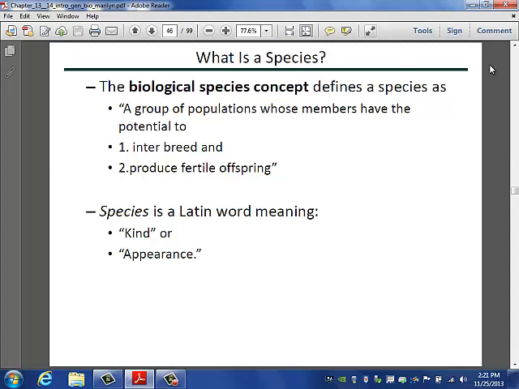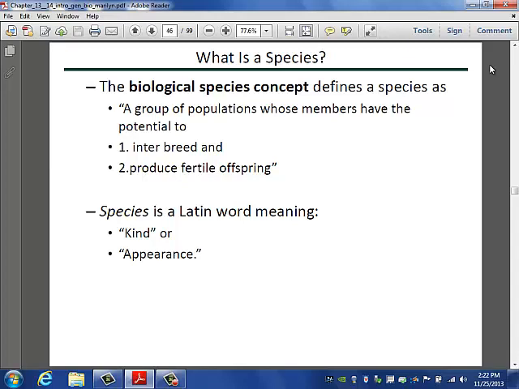The biological species concept defines a species as a group of populations whose members have the potential to breed together and produce fertile offspring. Even though breeding can happen between species, the key is what? Yeah, being able to breed again. So, donkey and horse can breed, right? But is the mule able to?